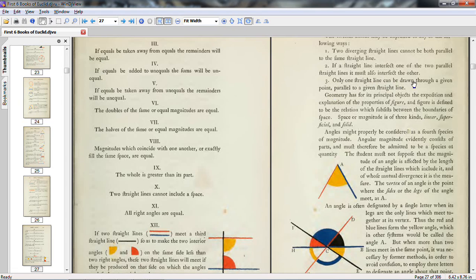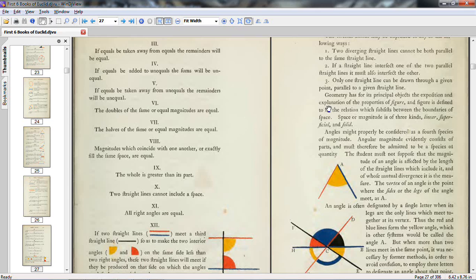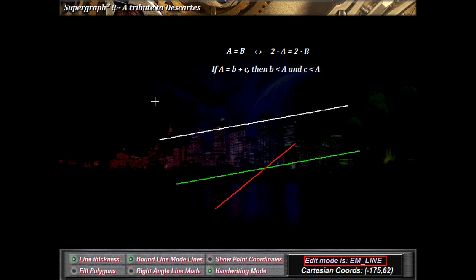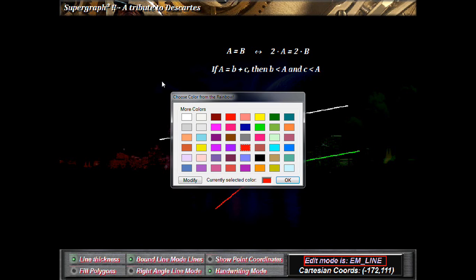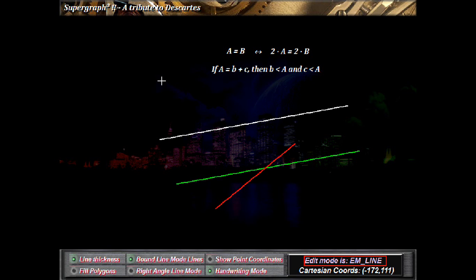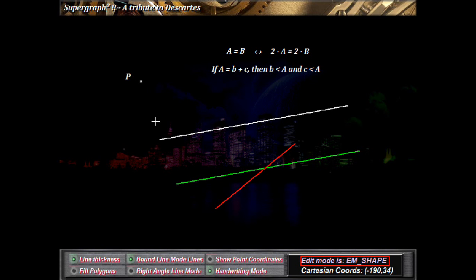Only one straight line can be drawn through a given point parallel to a given straight line. Another way of putting it. So we have a given point P. I can actually put a dot.